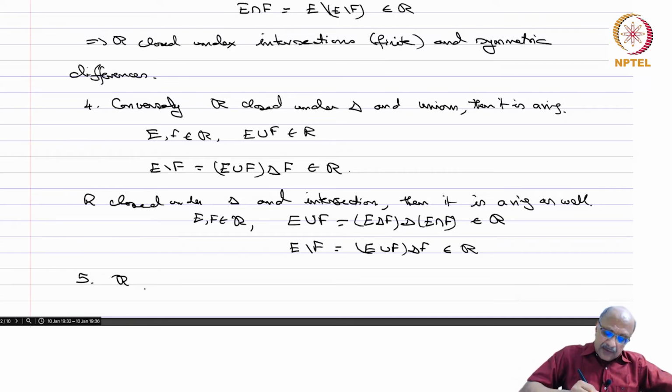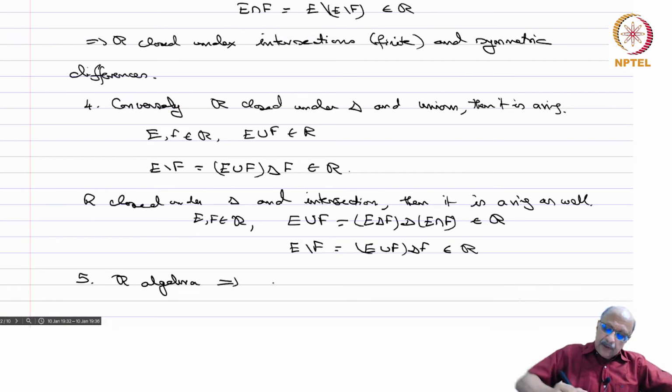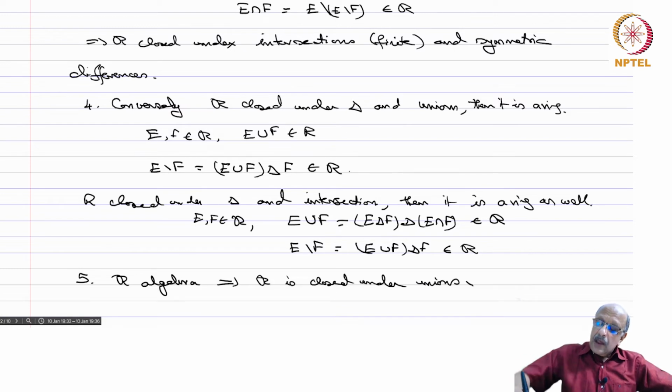So if R is an algebra, so this implies R is closed under unions and complementation.